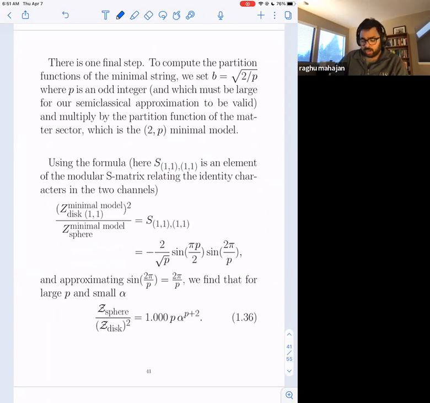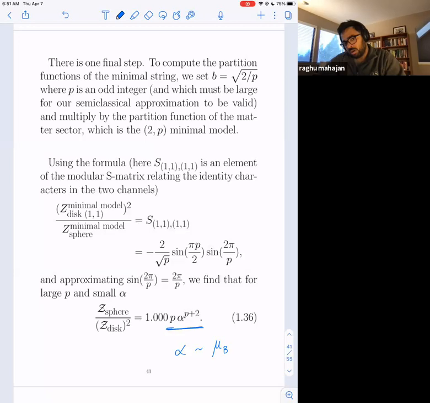This is only in the large P limit. So you just get P times this alpha to the P plus 2. Alpha, remember, was related to mu B, the boundary cosmological constant. Okay, so this 1.36 is what you should match to the matrix model. And it does match.